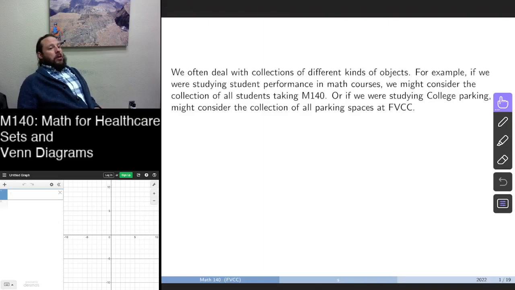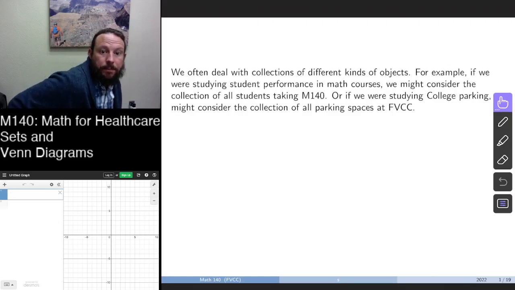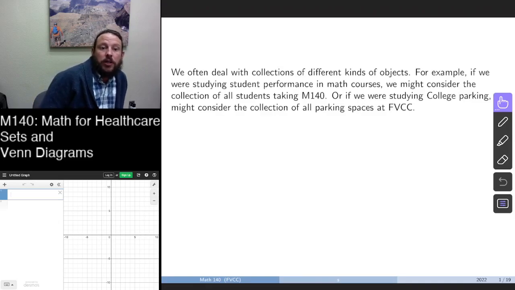We often deal with collections of different kinds of objects. For example, if we were studying student performance in math courses, we might consider the collection of all students taking Math 140.